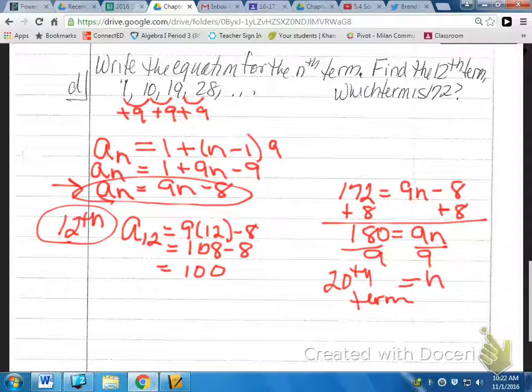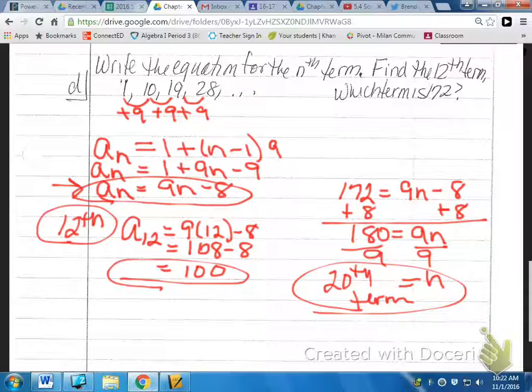Then it says find the 12th term. So that's my second answer. And then it says which term is 172. So you work backwards basically, putting 172 in for the a sub n, and you find that it's the 20th term. Okay? So you could be asked to do any of those things, but it all starts with writing that equation.